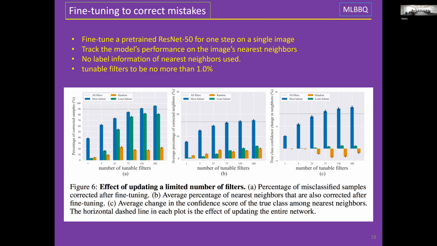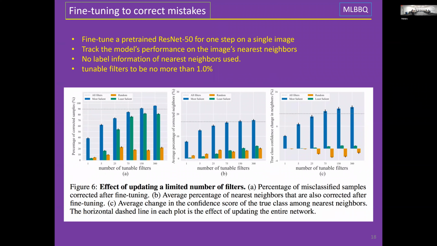They are showing that only updating 150 filters, less than 1% of the ResNet 50 network, 0.6%, means less than 1% of the parameters may be sufficient to get equal performance to fine tuning the entire network. That is the result of the first panel.